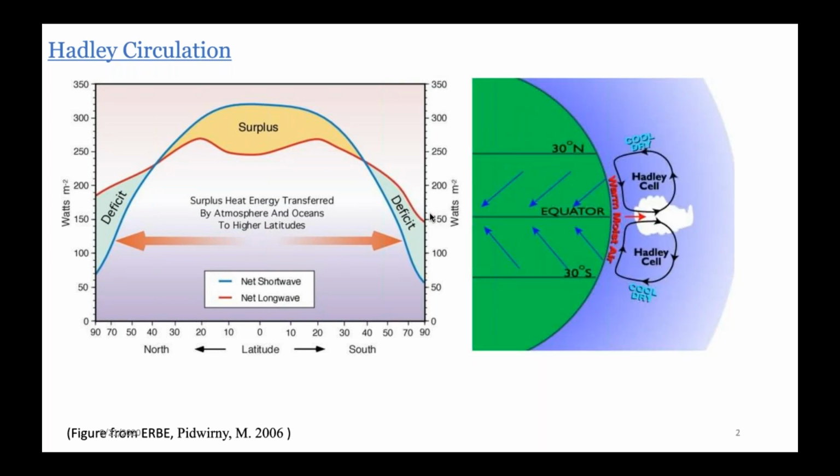Now, this is a schematic diagram. Due to the more heating over the tropical region, the warm air rises from the tropics to the upper troposphere. As a result of poleward transport of energy, the warm air moves towards the pole in both hemispheres. When it comes to the subtropical region in both hemispheres, it cools down, descends back to the Earth's surface, and goes back to the tropical region and rises again.